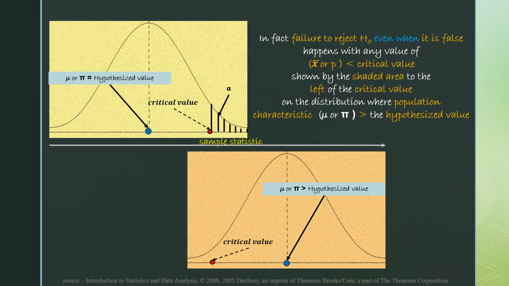In fact, failure to reject H0 even when it is false happens with any value of x bar or p less than the critical value, shown by the shaded area to the left of the critical value on the distribution curve where population characteristic mu or pi is greater than the hypothesized value.